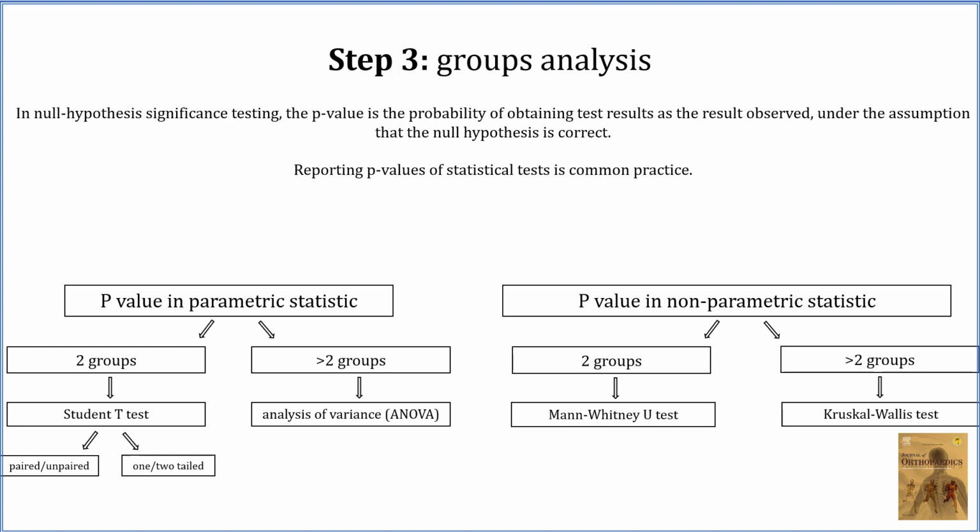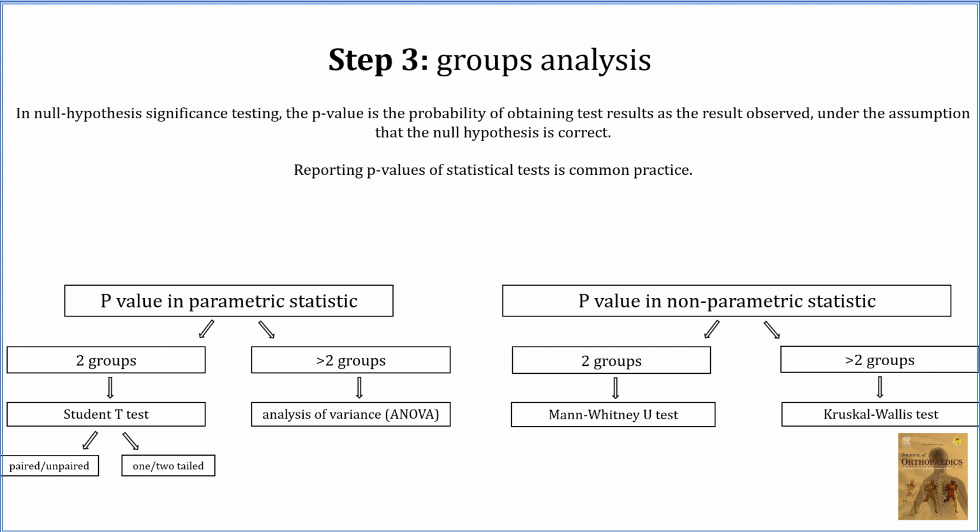A one-tailed test looks for an increase or decrease in the parameter, so for example, like PROMs can increase or decrease. In a two-tailed test, we are looking for a change in the parameter.